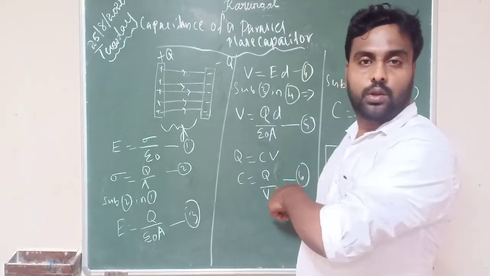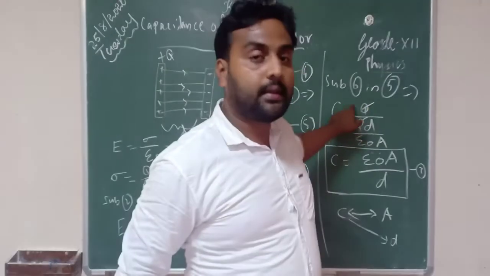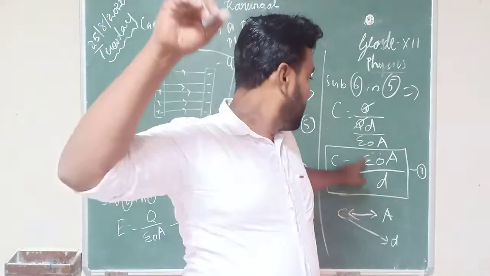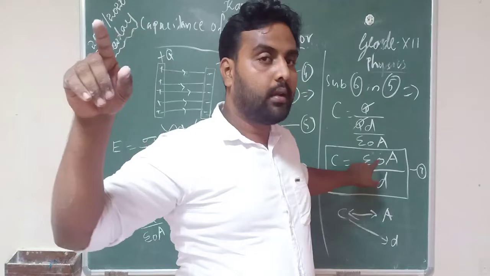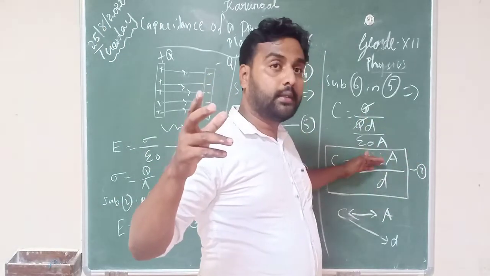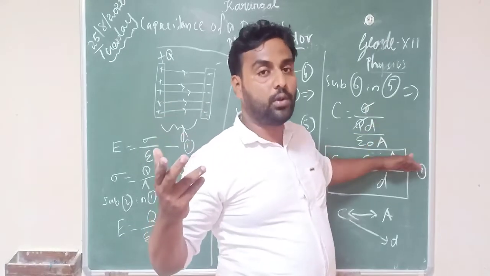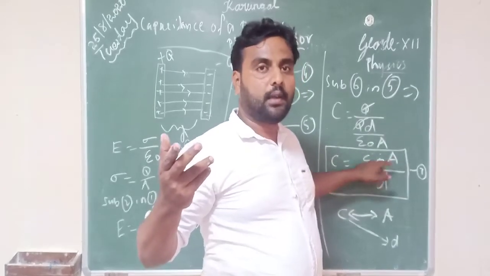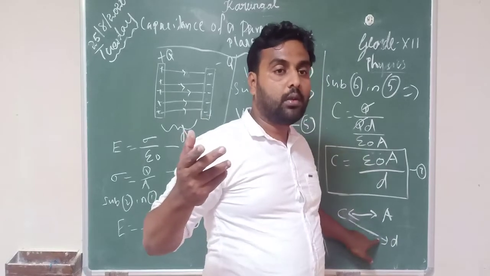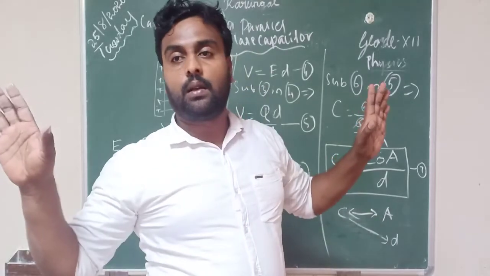So C is equal to Q by V. Substitute the value of V, cancel Q, take the reciprocal. So epsilon 0 A by D. This equation 7 gives evidence: capacitance is directly proportional to area of cross section and inversely proportional to the distance between them. Understand?